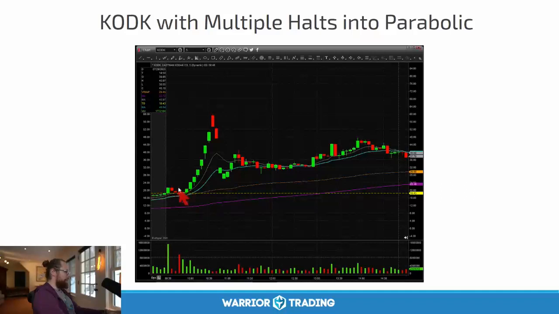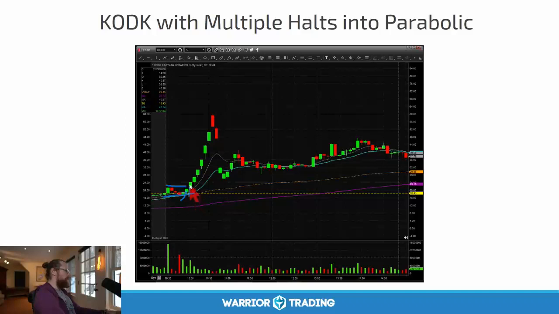Here's Kodak. All right, so on this one, we've got a pre-market gap. It gaps and goes, then sort of stalls out, pulls back, dips back down, and then right here curls back up. So it bounces off the volume weighted average price, and ultimately the high of day breakout here is what gives us that squeeze into a halt.